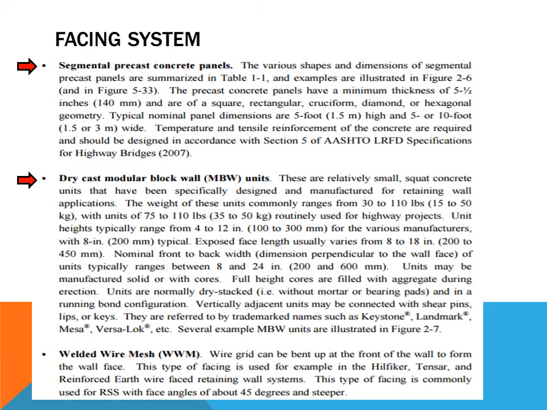All right. So they can have dry cast modular block wall units, which are smaller and easier for installation for these retaining wall applications. Right, so they might also have welded wire mesh, where the wire grid can be bent up at the front of the wall to form the wall face.